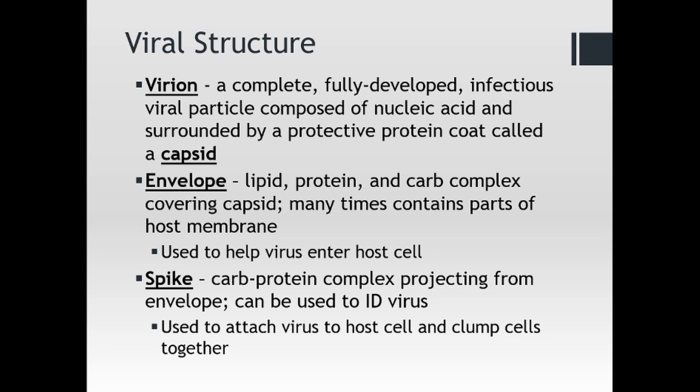If they don't have it, they're done. They can't do anything at all. And the envelope is made of mainly lipids, and lipids can be broken down easily by alcohol. And so that's why it's so important, when you're trying to prevent the transmission of COVID, for example, to wash your hands. Well, soaps are good at breaking down the lipid components of the envelope.